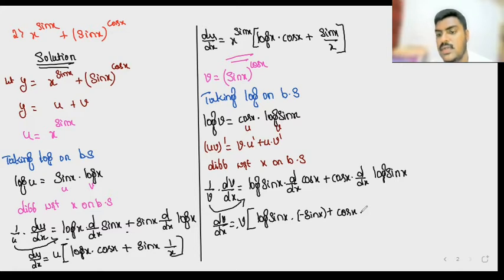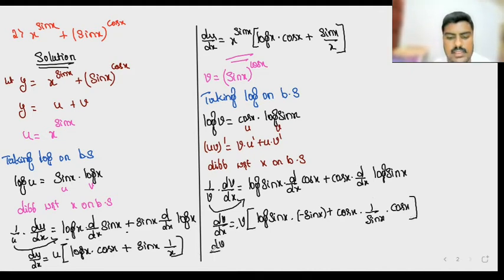So here we have log sin x, so it will come to 1 by sin x into d by dx sin x, which will come to cos x. Got it? So now observe dv by dx equal to v, that means we have sin x whole power cos x.